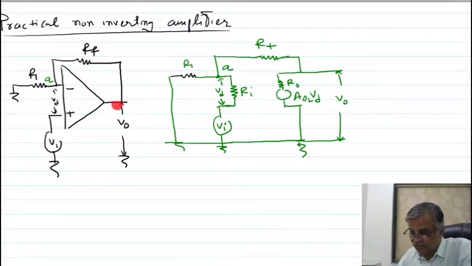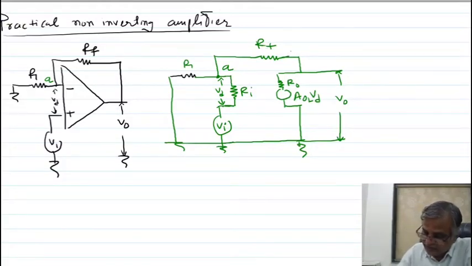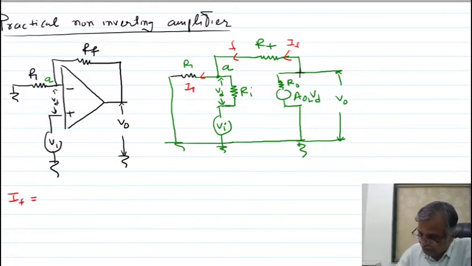The input section you have already seen in the first lecture of the op amp. This output is a voltage source, and the remaining is as it is. This is Vi I am showing you. Now let me say this current is If. This is your I1. So I can write If is nothing but, say this voltage is Vo, this voltage is Vi minus Vd.